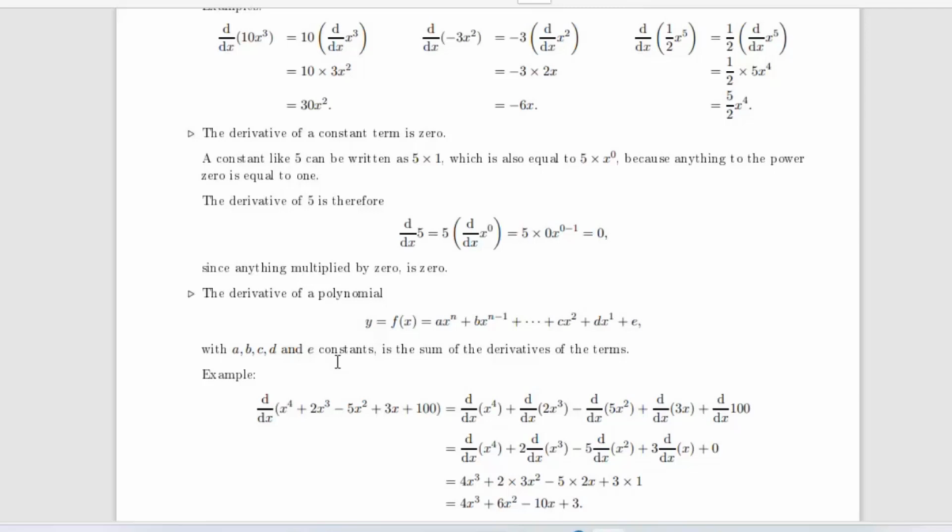That means in the polynomial, a, b, c, d, and e are constants.